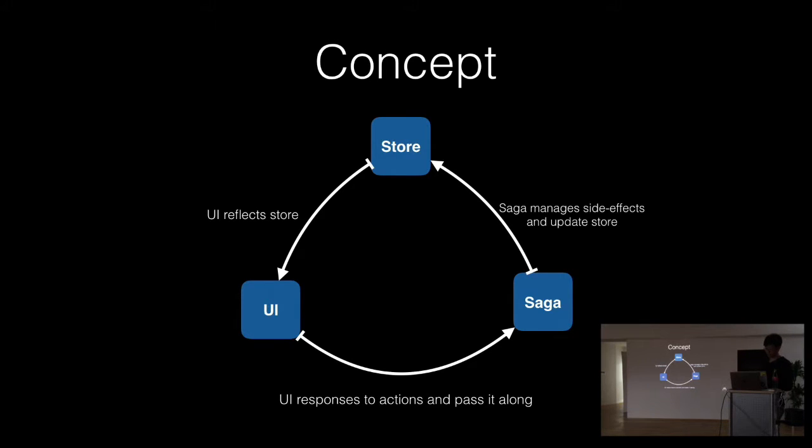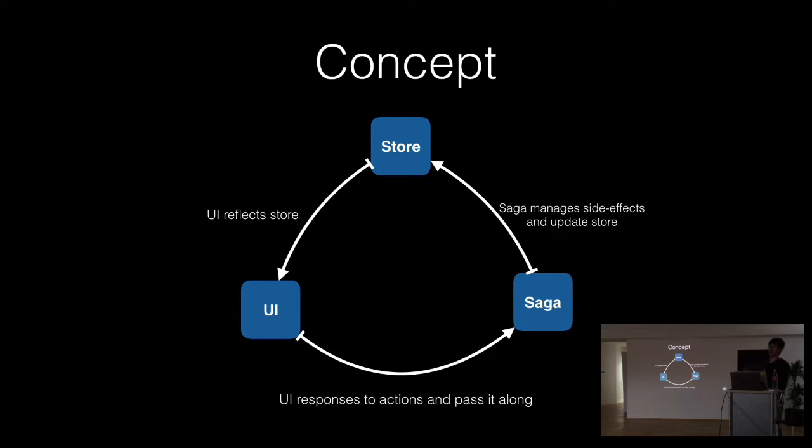And then here come the heavy players. Saga is something we use to manage many things. Saga manages side effects and updates the store. If you imagine what the side effects are, as I briefly mentioned, bringing a pop-up in front of the face is a side effect because you don't know. You bring it up 10 times, probably 5 times yes, 5 times no, or probably 6 times yes, 4 times no. You have no control.